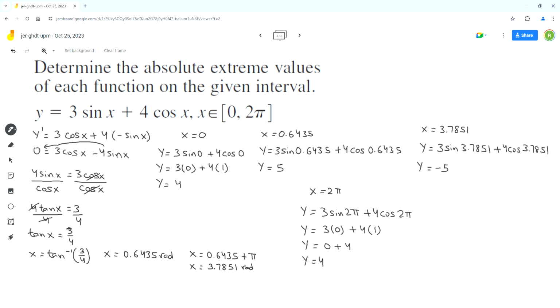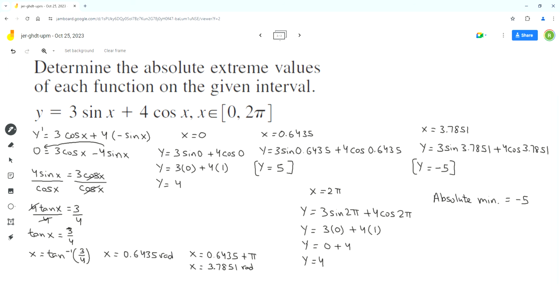So out of these 4 y values we got, the minimum value we got is y equals -5. So this is our absolute minimum value. And the maximum value we got is +5.